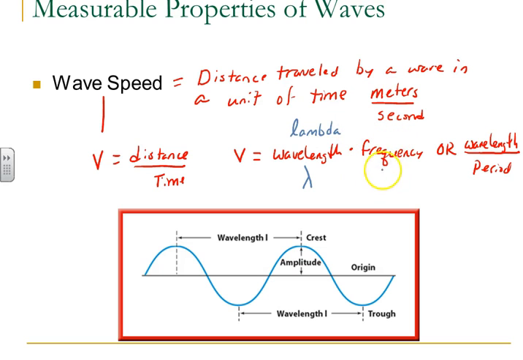And frequency, we're just going to call F. So we can say V is equal to wavelength times frequency. Or it could be equal to wavelength divided by period. Or just simply distance divided by time.